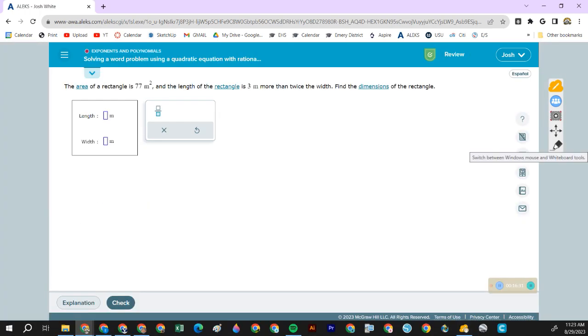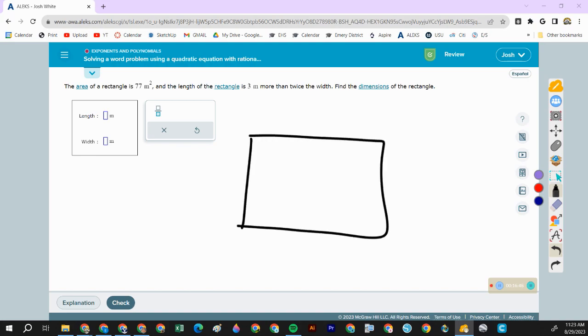All right. The area of a rectangle is 77 meters squared. The length of the rectangle is 3 meters more than twice the width. So I have a rectangle, I have a length, and I have a width. The area is 77 meters squared. How big is the length?